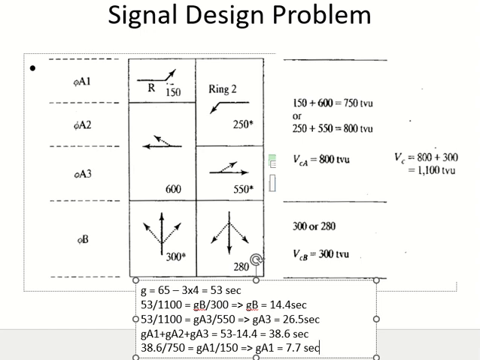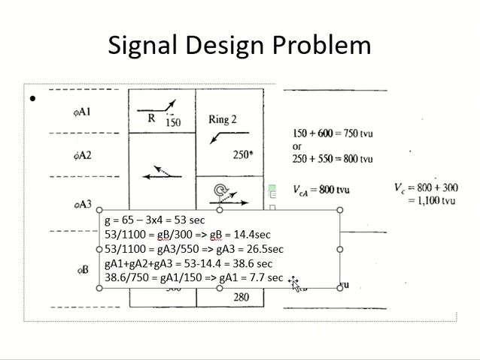Out of 53, B is this one, A3 is this one, A1 is this one. So how much is A2 now? How much? 4.